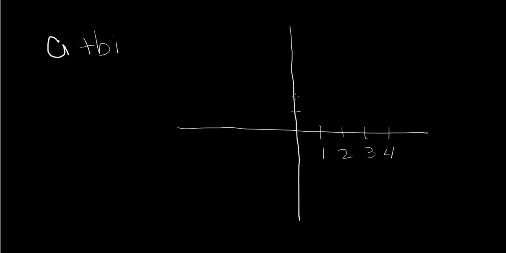We're used to seeing our coordinate plane like this, with real numbers all across the plane. Now what we're going to do is use real numbers only on our x-axis, and on our y-axis we're going to be using our imaginary numbers.